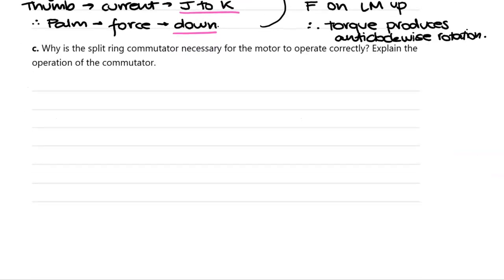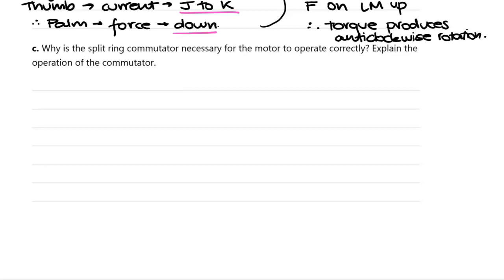Okay, we've got a pretty famous question to finish us off here, and it's talking about why is the split ring commutator necessary for the motor to operate correctly? Explain the operation of the commutator. One thing that you don't want to really talk about in this style of question is wires getting tangled up. Whilst that is a practicality, a really useful reason to have a commutator, it's not focusing on the physics involved in this situation.